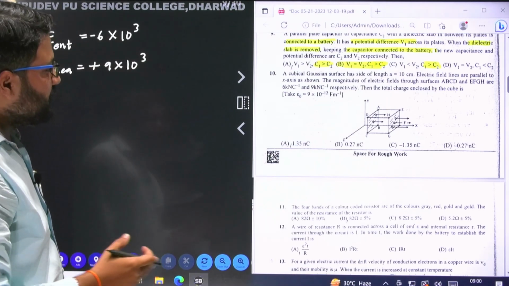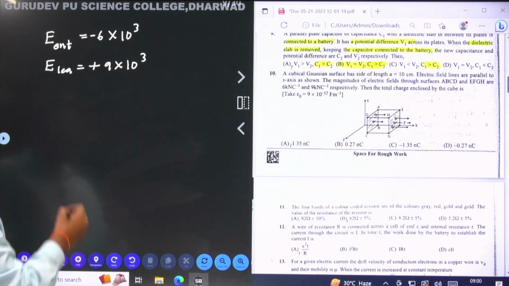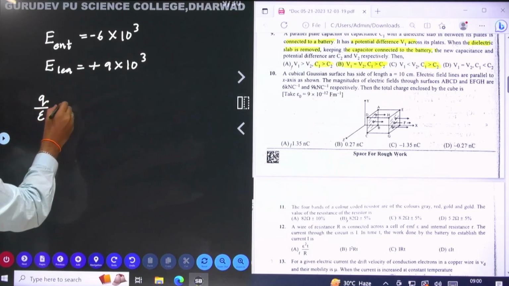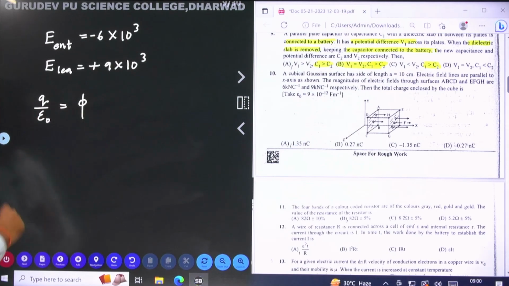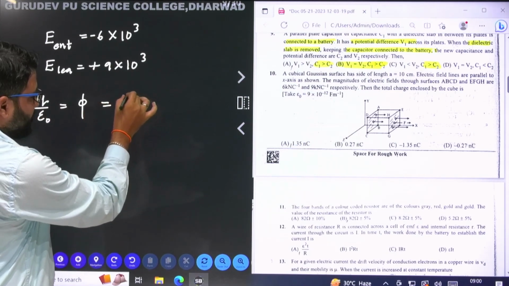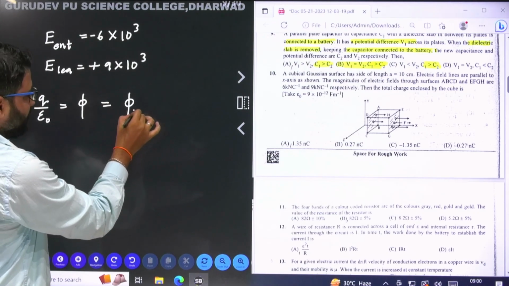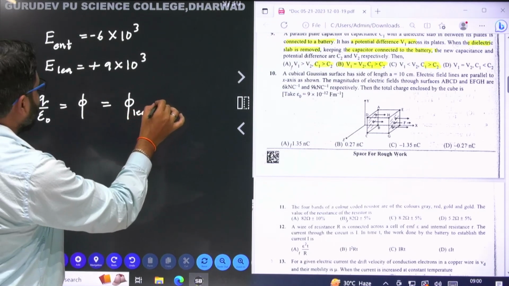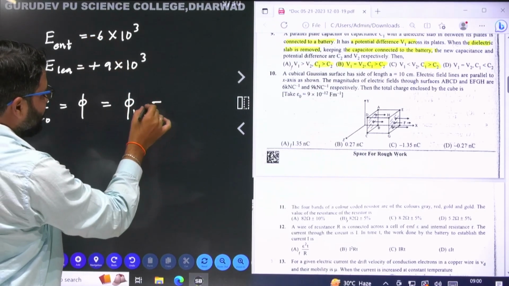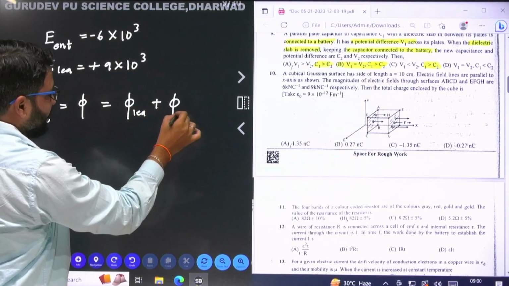Further, what they are saying is to find out the total charge inside it. I would apply the concept that Q divided by epsilon naught is equal to phi. Phi is the flux, the total flux through the cube. So the total flux would be flux leaving plus flux entering. This one would be minus for us as I have taken it as minus, but I am still going to write flux entering.